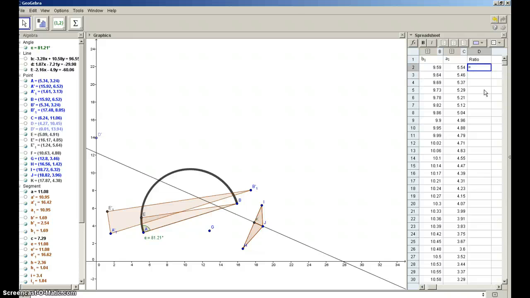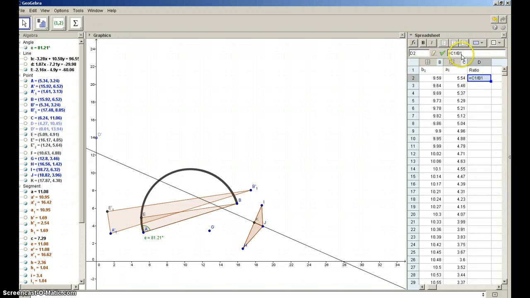Let's say C1 divided by B1. That's not going to work either just yet. Let's try this. Use my function editor here, and I say it's equal to this value here divided by that value there. Let's hit enter. Yeah, there we go.